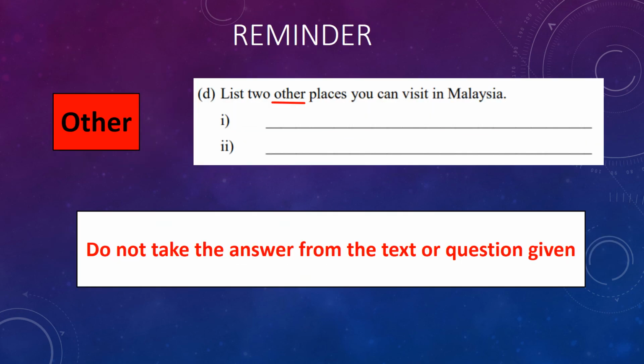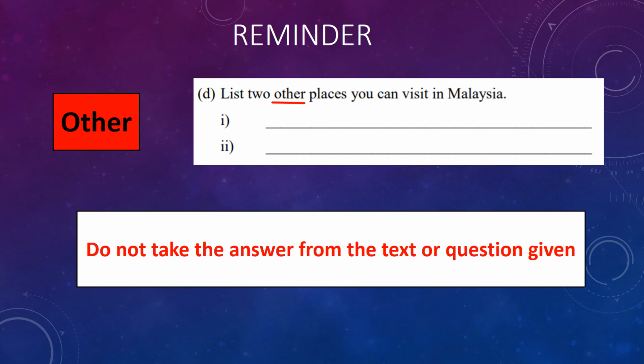Here I would like to give you a reminder. For an example, when you come across the word "other", like in this question, list 2 other places you can visit in Malaysia, it means that you cannot take the answer from the text or question given.